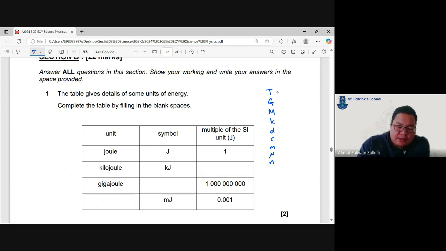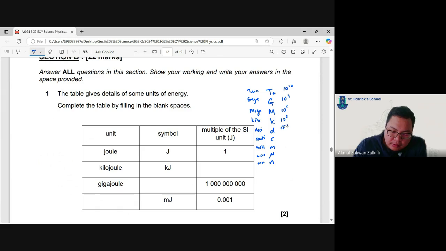So this is your Tera, giga, mega, kilo, deci, centi, milli, micro, nano. 3, 6, 9, 12. This one is the small m, so this one is your millijoule.